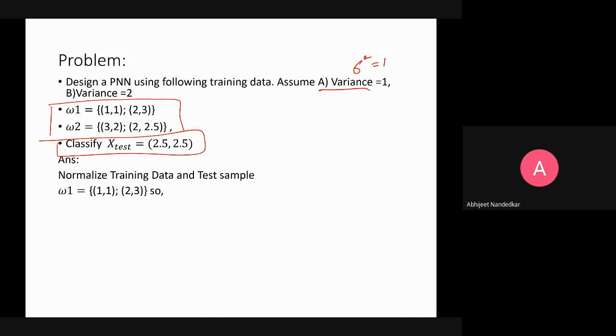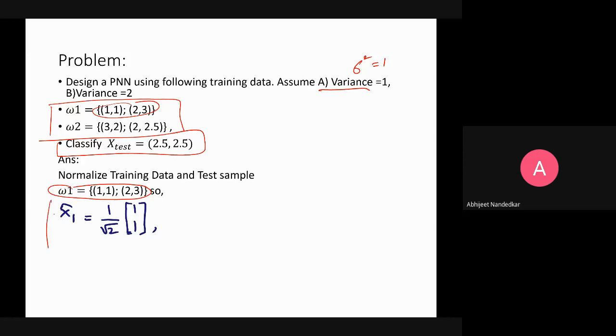Now let us start designing this PNN. First thing is to normalize the training data and test data. So I take this omega 1 set, and I take the first training sample 1 1.